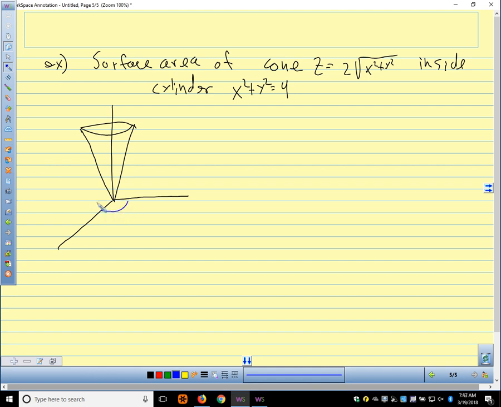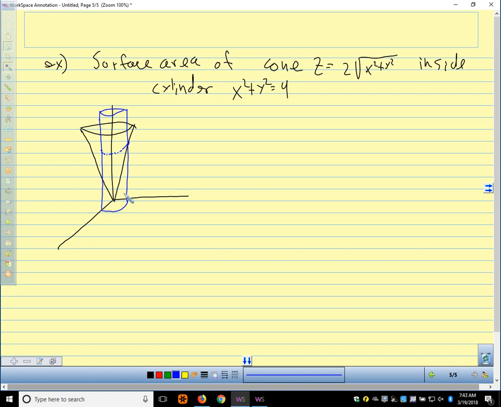There we go. So there's a cylinder slicing through the cone, like so. And we want the area of the cone that's inside the cylinder. So we're talking about the area of this cone inside the cylinder.